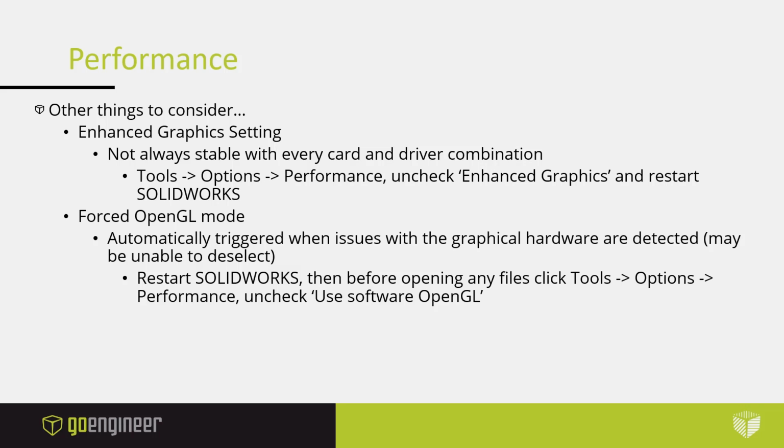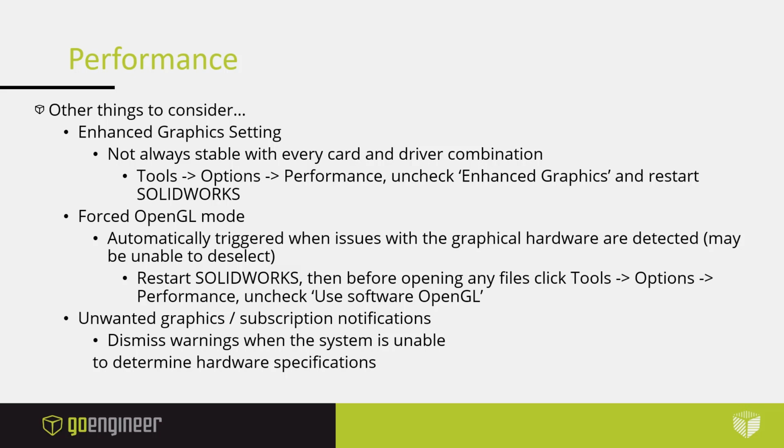The program might not let you turn off OpenGL mode. But if you need to check on this, it would be in the same area, Tools, Options, Performance, and you can uncheck use software OpenGL. Okay, that would have to be done before opening any files in SOLIDWORKS. If you can't deselect OpenGL, then obviously it's pointing to some issues with the hardware, and we can help you diagnose that if need be.